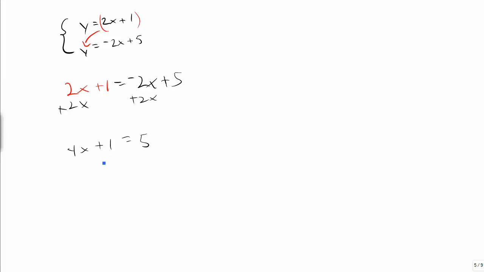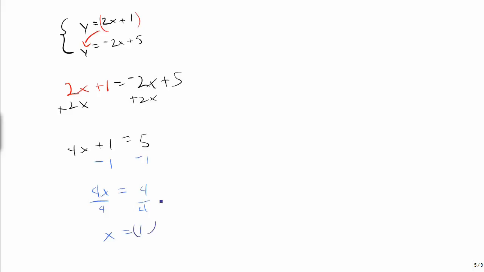And then I'll worry about just the numbers. So I'm going to subtract 1, I get 4 on the right side and 4x on the left side, and that will give me x equals 1.